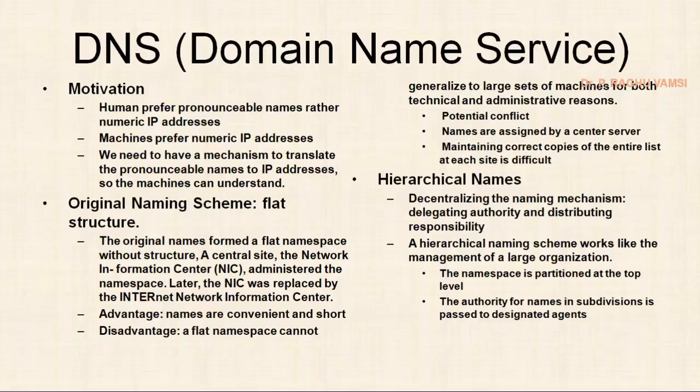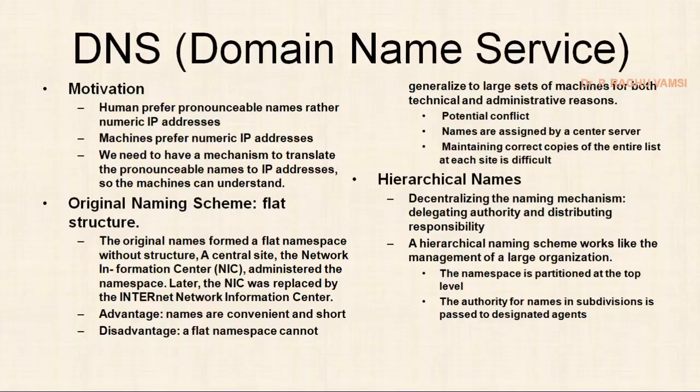But if I ask you what are the names of your childhood friends and what are the names of your schoolmates, classmates, and your engineering classmates or maybe other batch members, you can tell any number of names, maybe more than 100 also.